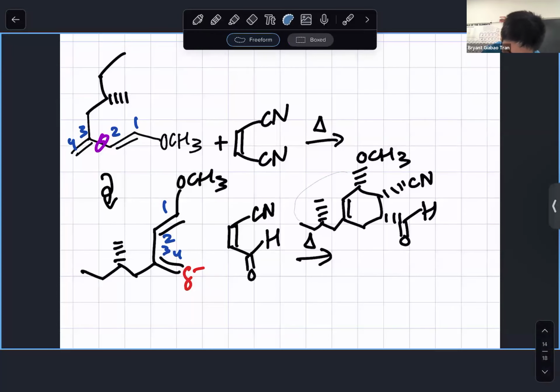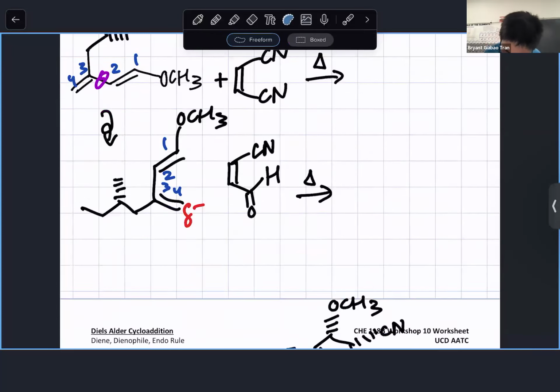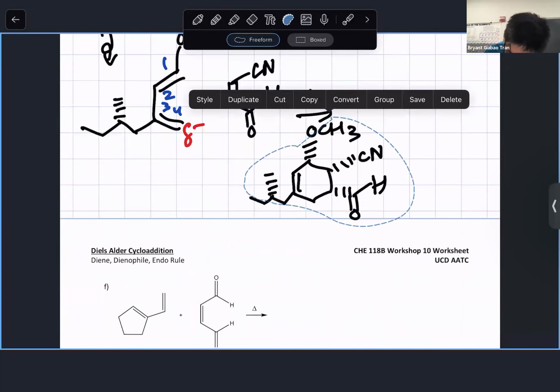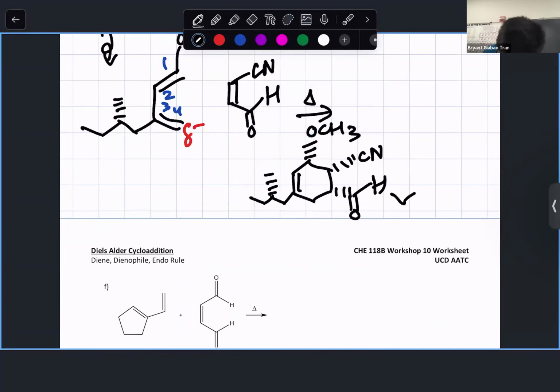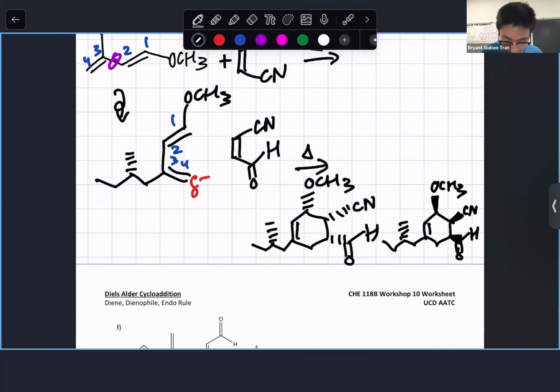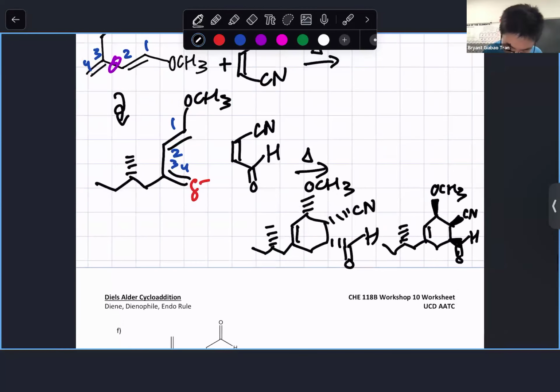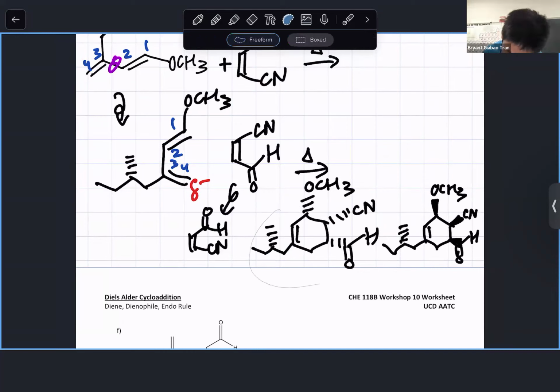So this is going to form a diastereomer like that. And yeah, diastereomers. Okay, we could form constitutional isomers as well, because let's say we flipped that dienophile to put the aldehyde on top and nitrile on the bottom.